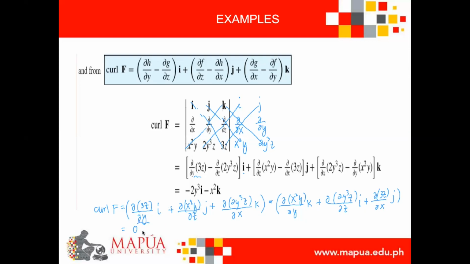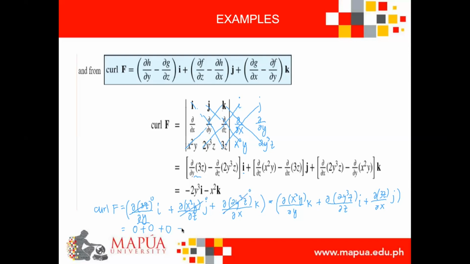So this is also 0j. So again, 0i plus 0j. Here we have also 0 because the independent variable here is x, so we have here y cubed z. So that will also be 0. So I'll just write here 0, 0, 0.